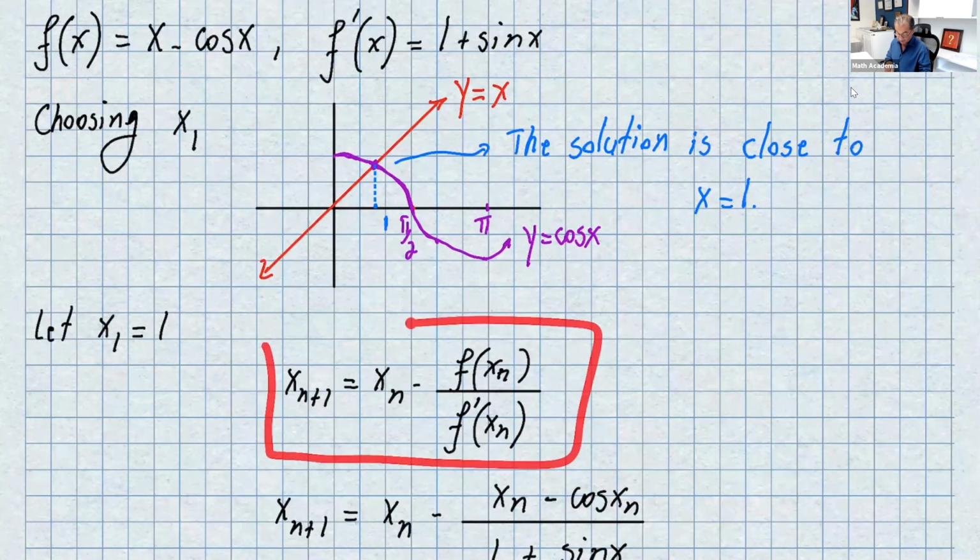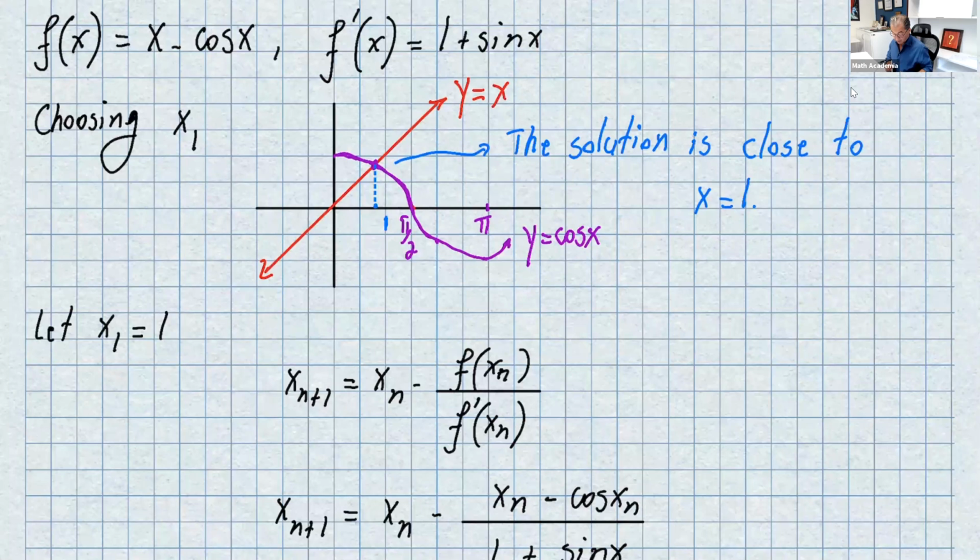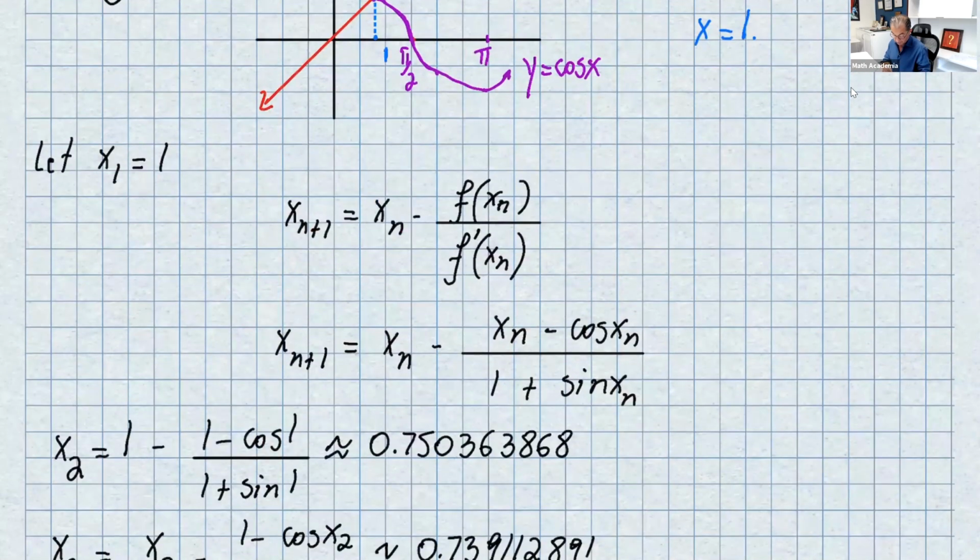Write the formula for Newton's method and substitute. x sub n plus 1 is going to be x sub n minus cosine x sub n, that's our function, over the derivative, 1 plus sine x sub n. The first point was 1.